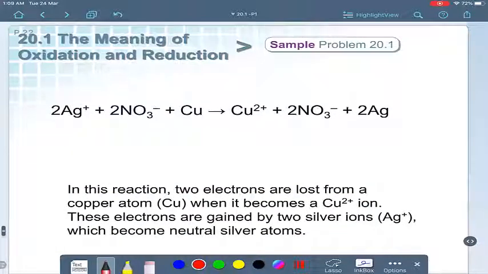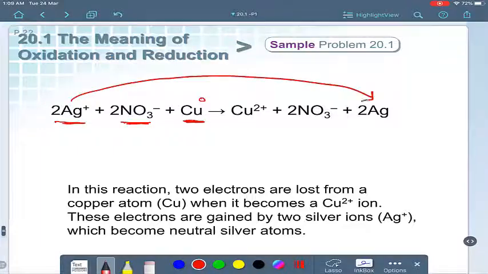First, we'll separate the ions to identify what happens to each of them. AgNO3 divides into Ag and NO3, and because the coefficient is 2, so 2Ag and 2NO3. Copper is a solid metal. Copper has charge 0, no charges here. But here -1 and here +1, as you know. What happens to silver first? It was +1 and becomes 0.